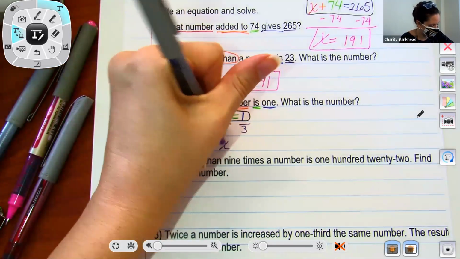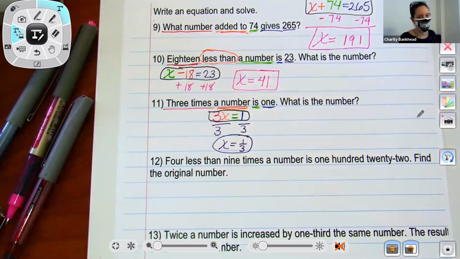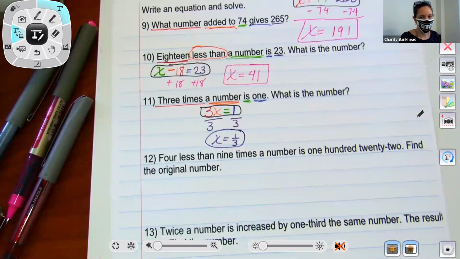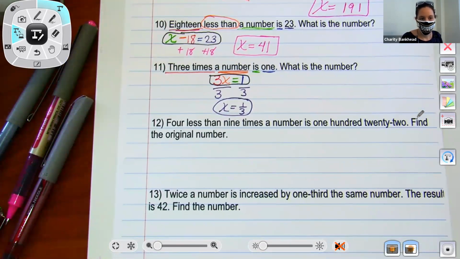Which will give you x equals 1/3. All right.